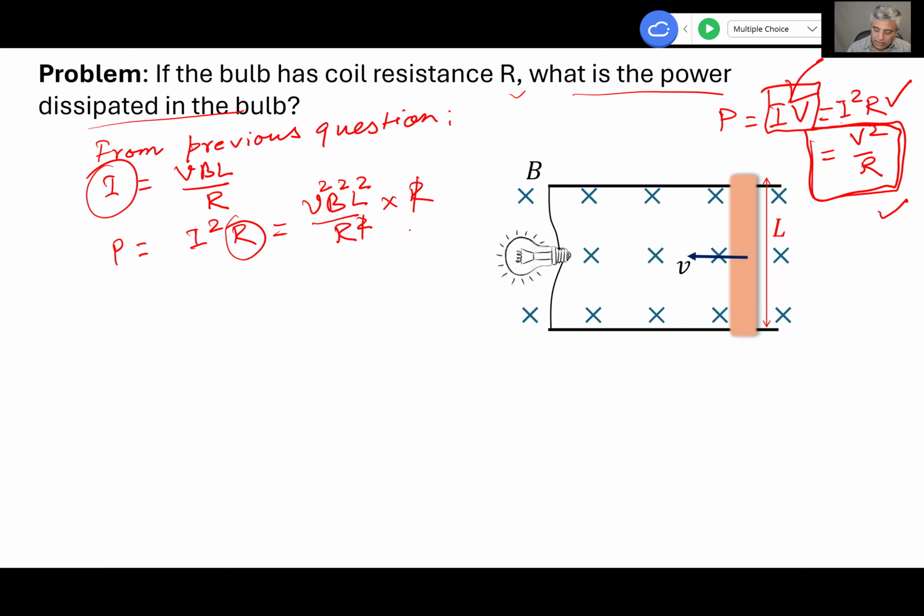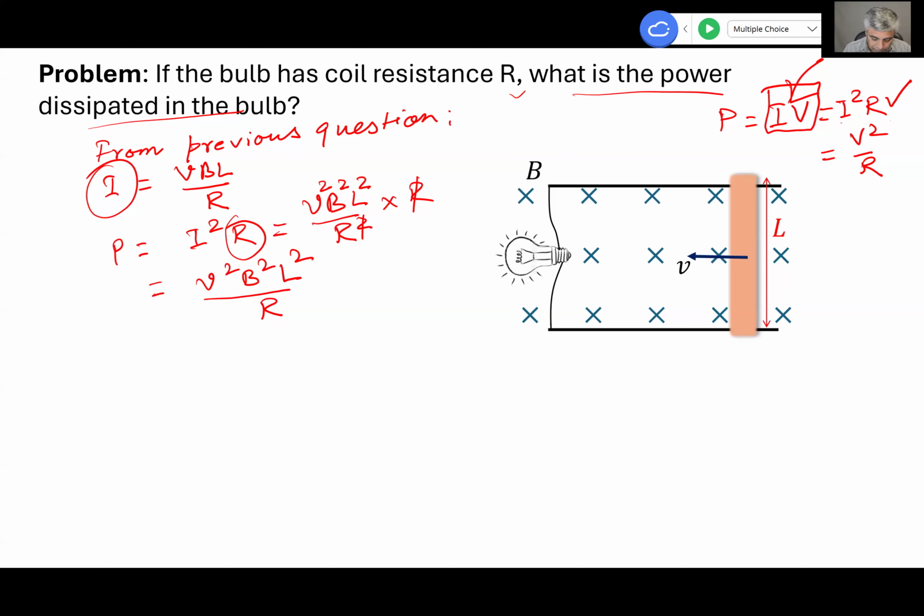Actually, if I had used this one right there, it would have been just one step, or probably also two steps. So power is B squared v squared L squared divided by R. That's what we get.